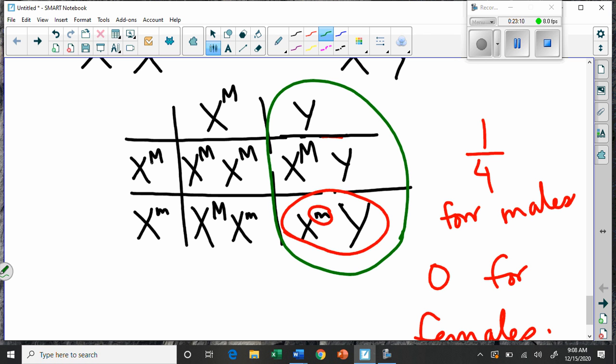But if you have a female child, there's a 0 chance it will have it, although there's a 50-50 chance that the girl will carry it and pass it on. So with these sex-linked traits, it's often the male who ends up suffering from the disease far more often, because he doesn't have the extra allele on the Y chromosome.